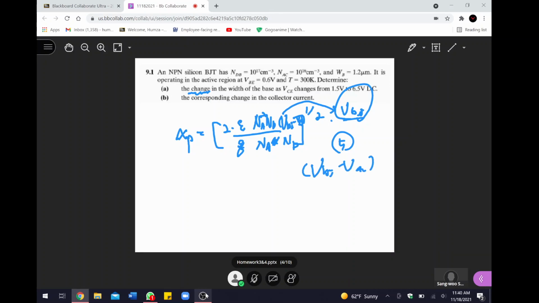It is a correct equation. So this is a reverse bias, so it's a plus 5 volts. Then you can actually get this delta XP change, right?